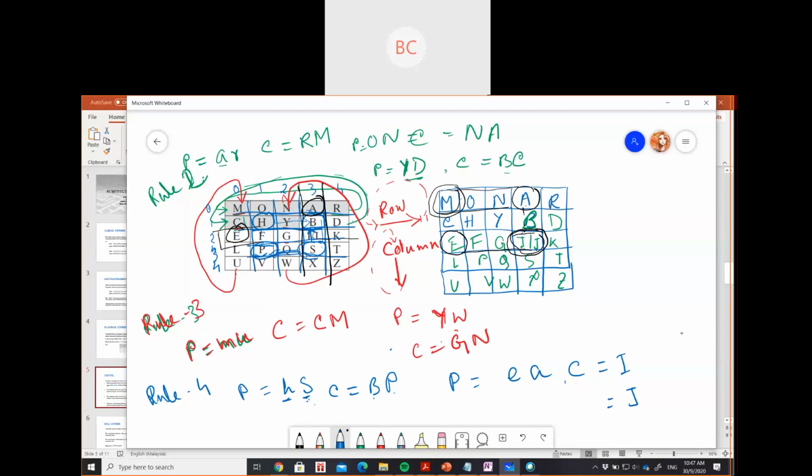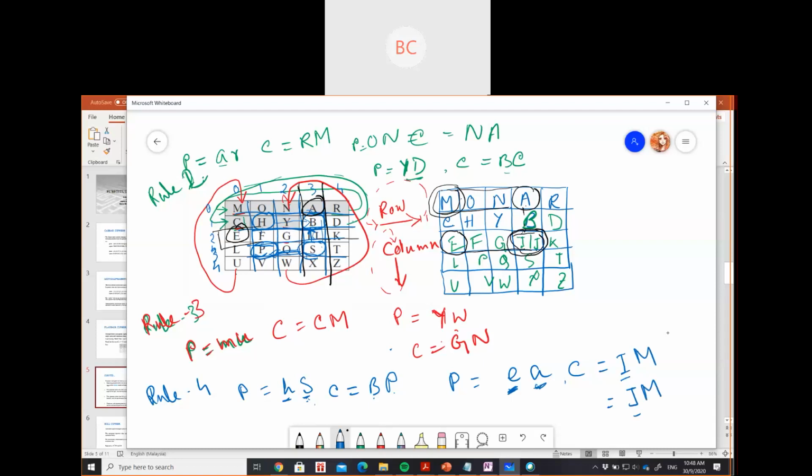So for this same particular row and column, we have two options, I and J. So E can be replaced with either I or J. Now for A with the same row and column, the letter will be M. So our A will be replaced with M.